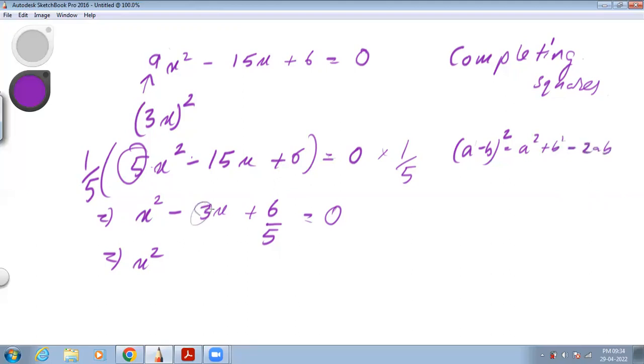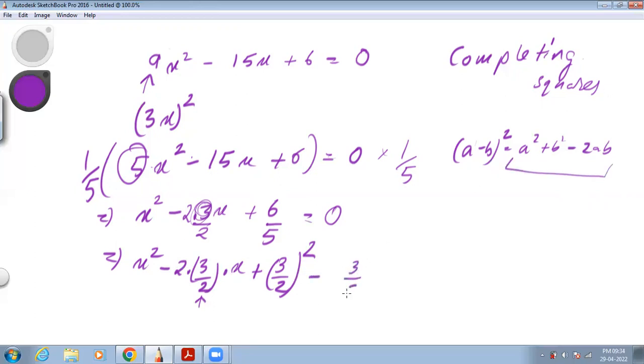But here you have got only 3x here. So you need to multiply 2 and divide by 2. How do we get? Minus 2 into 3 by 2 into x. So now 3 by 2 is our extra term here. So you need to have 3 by 2 whole square. Now this gives us a minus b whole square form, right?